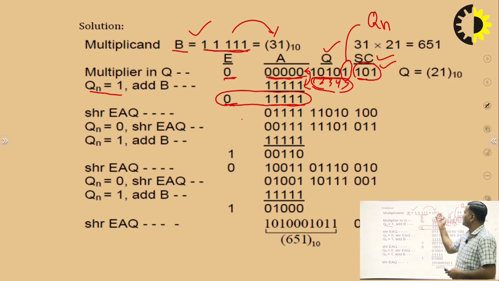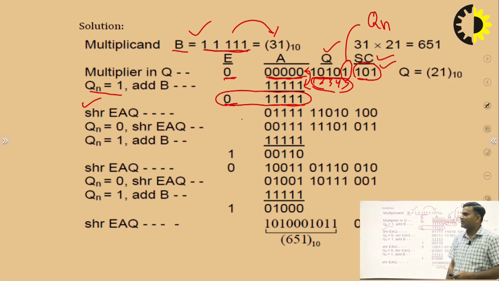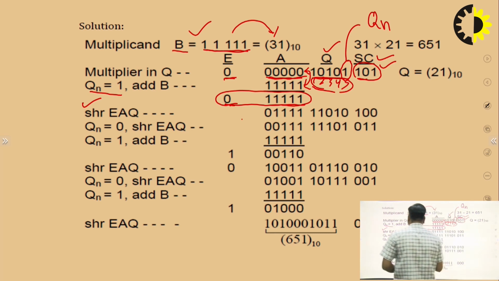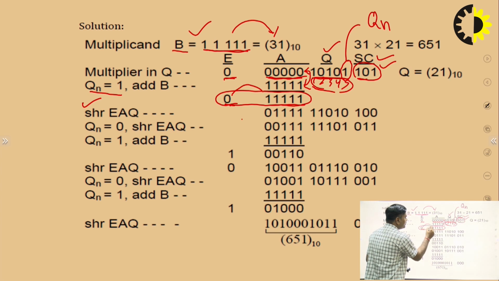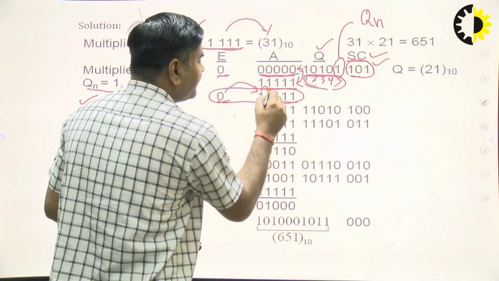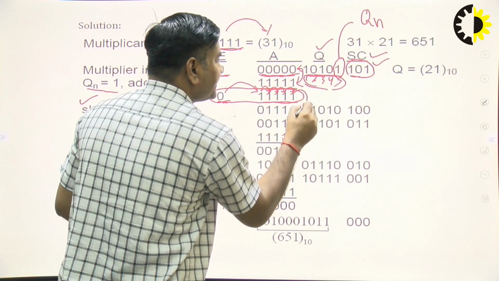After that we can apply the logical shift right EAQ. After adding A plus B and placing the result in EA, we have to perform the logical shift right EAQ. If we perform the logical shift right, this bit goes to the right, this also goes to the right, and in this way all the bits go to the right.